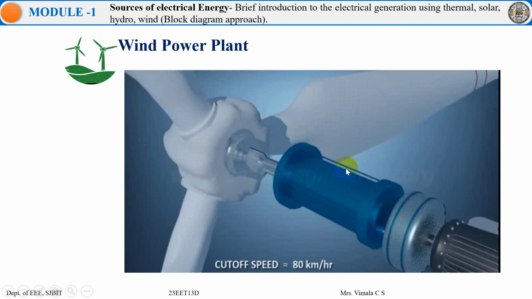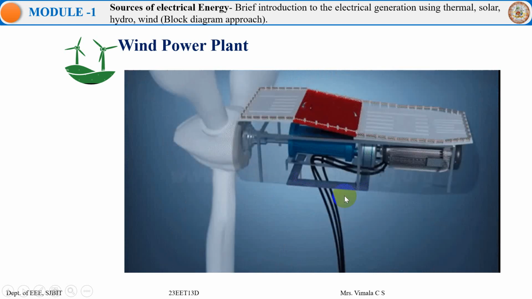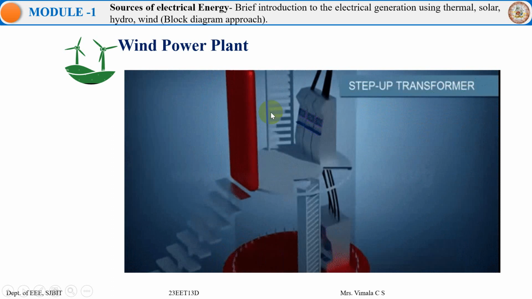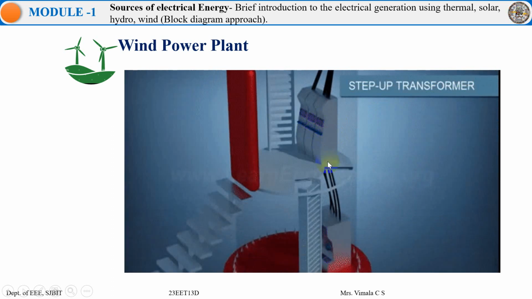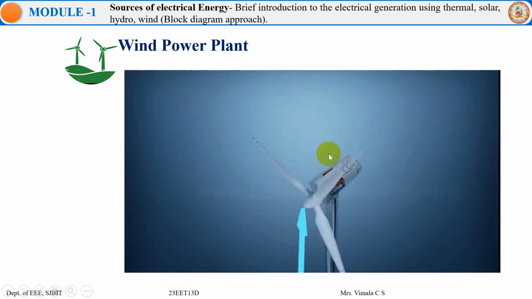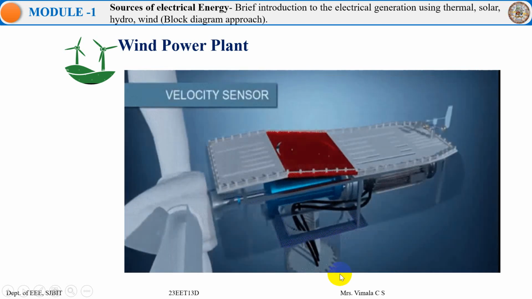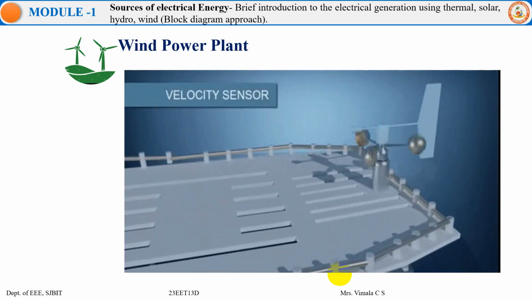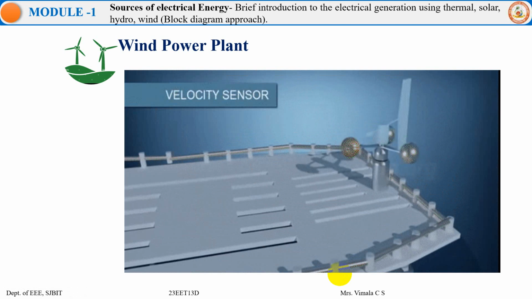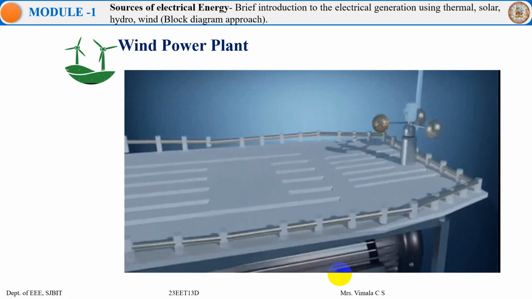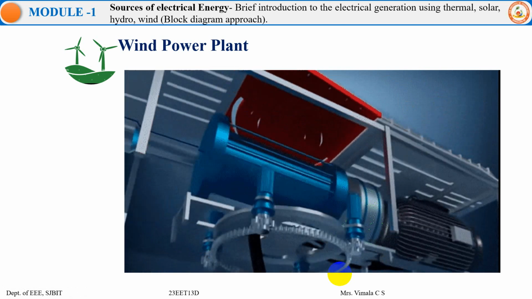The required speed is brought by boosting the speed, and it is given to the generator, where the electricity is then brought down via this pole towards the ground level. And then we have a velocity sensor to measure at what velocity the wind is blowing, and a minimum of 14 kilometers per hour is required, the minimum wind speed.